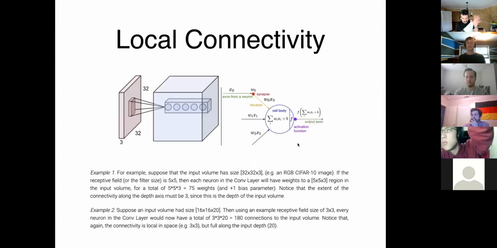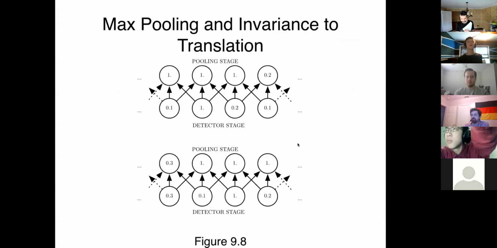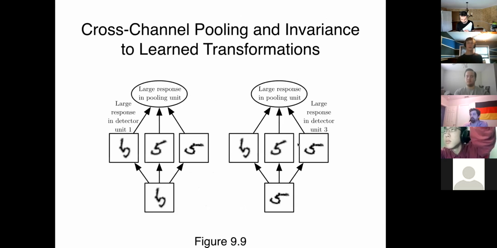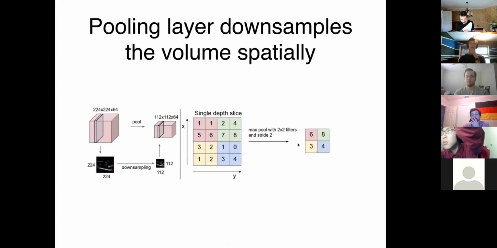Because these are arranged in different ways, right? It depends how you want to interpret things. So basically, downsampling, you can think about this as a way to summarize stuff, right? Again, here is your input, and this is the output that is produced, right?